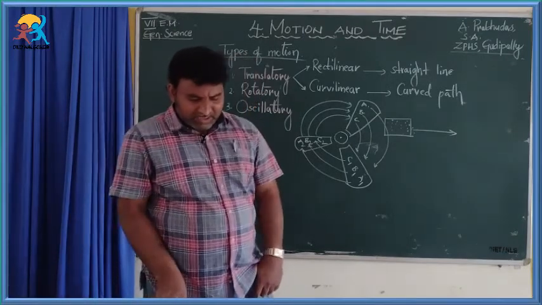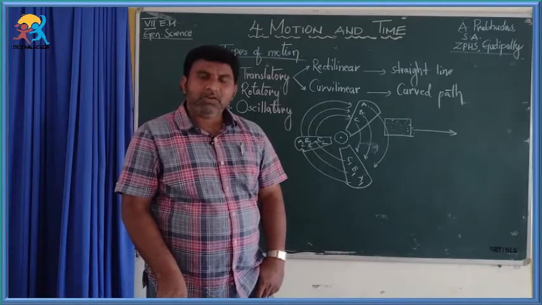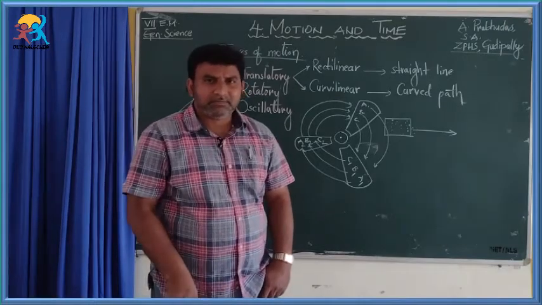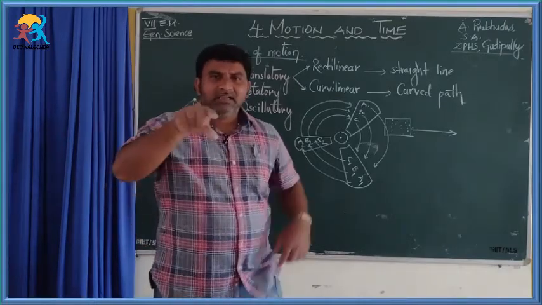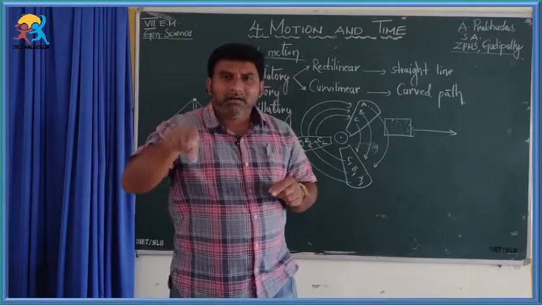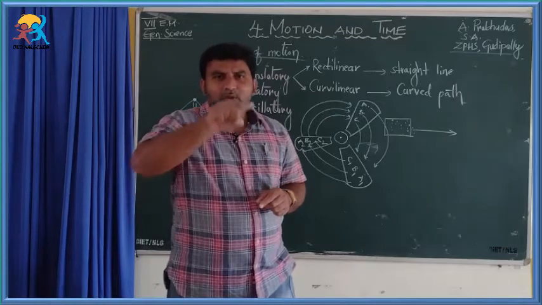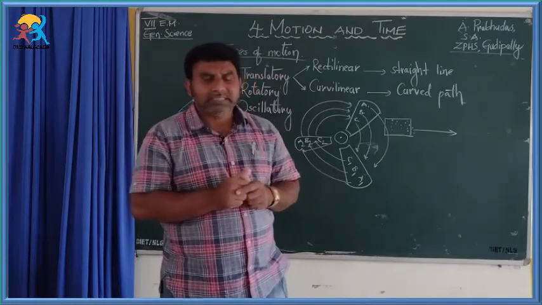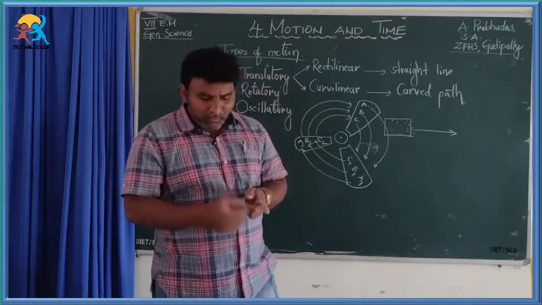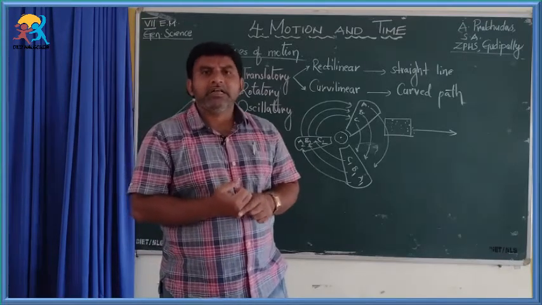Seconds hand of a watch, what motion does it have? The seconds hand on a clock or watch shows rotatory motion, yes. And next, movement of a train on track.